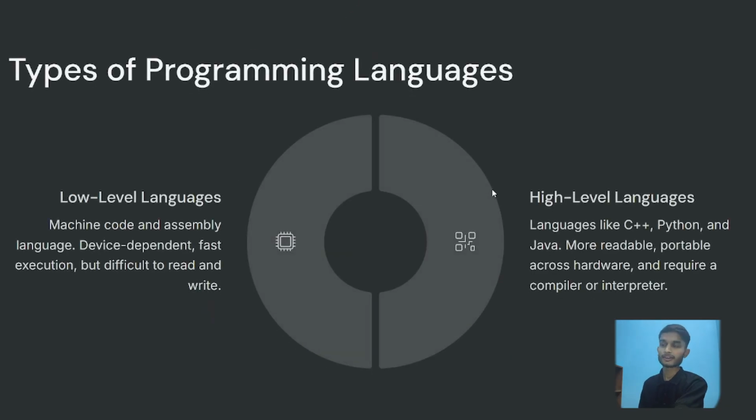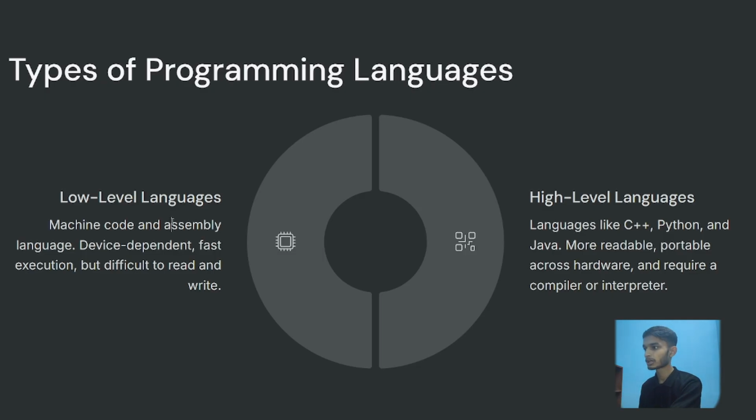Okay, I already told you about high level language. So what do high level and low level language mean? Low level language means machine code or assembly code. They are the code which the machine actually understands. This is device dependent, meaning if you write on this PC, it won't run on another computer, and it is fast to execute because we are writing in 0 and 1 or some mnemonics.